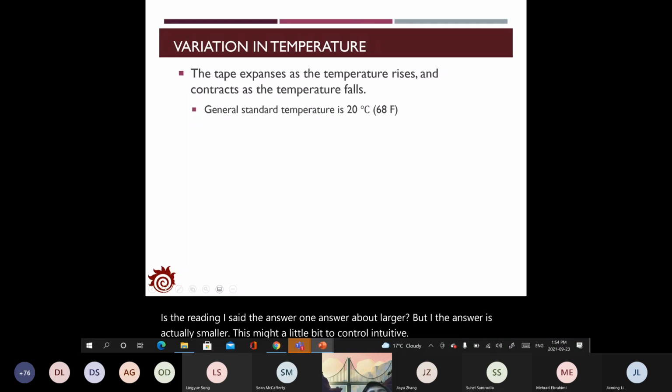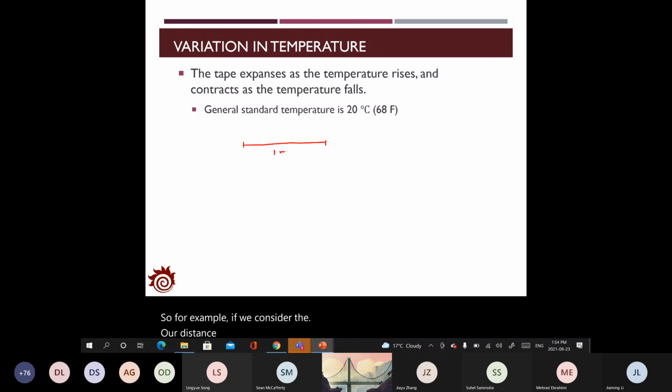For example, consider a distance of 1 meter, which is the true distance that you are trying to measure. You apply the tape. It has some scales on it. If there's no impact of the temperature, then you should read 1 meter from the tape, right?